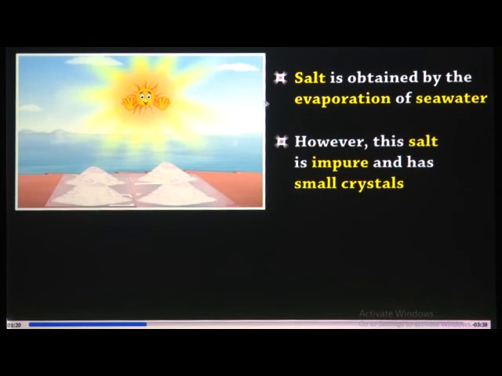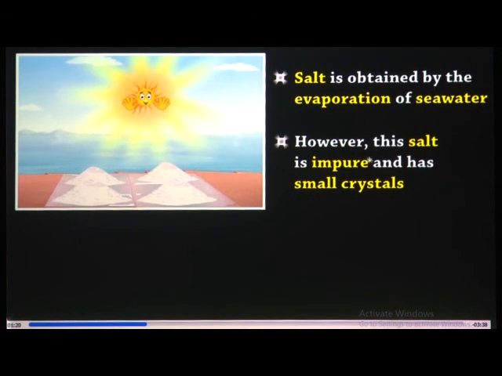See, by the evaporation process, we have to do evaporation with seawater. Suppose you went on a tour or trip to a coastal region or seashore. You saw that many times we can see that salt is there. Salt is obtained by the evaporation of seawater.